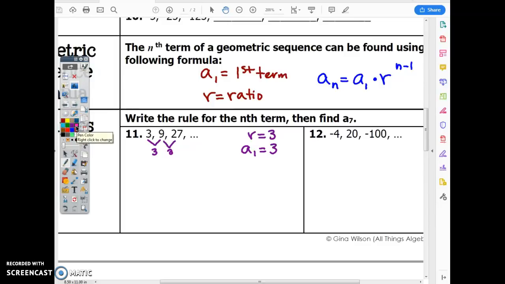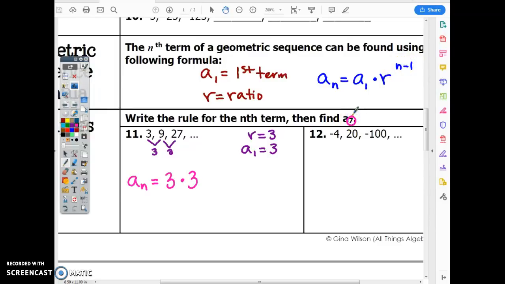So now my formula says a sub n equals the first term, right? A sub 1. So that's 3 times the ratio, which is also 3, to the n minus 1. N is that number that we're looking for.